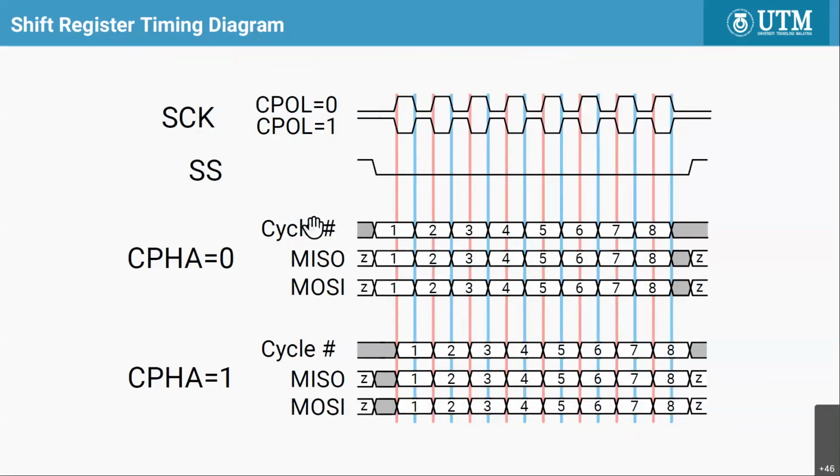If you look at the group of signals in the middle here, compared to the group at the bottom, the data is offset by half a clock cycle. That's what the combination of CPOL and CPHA will do.